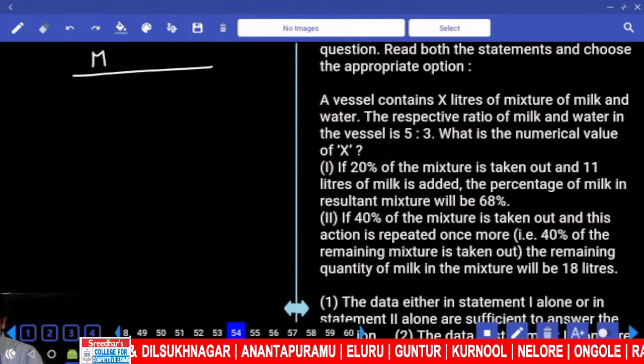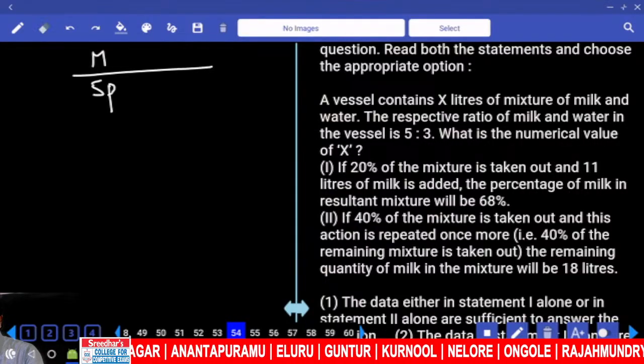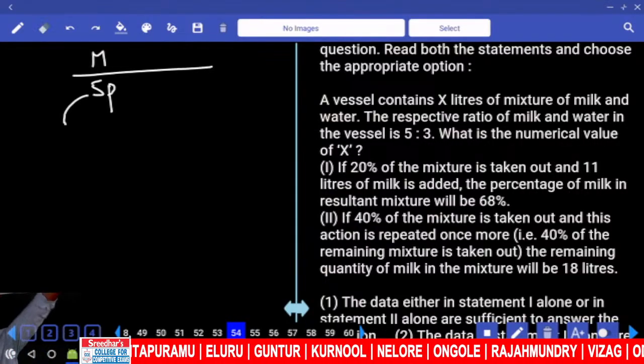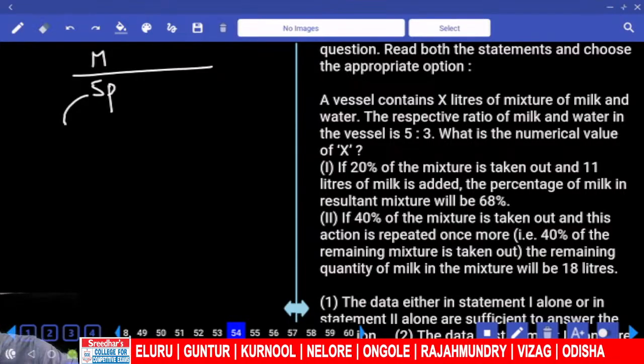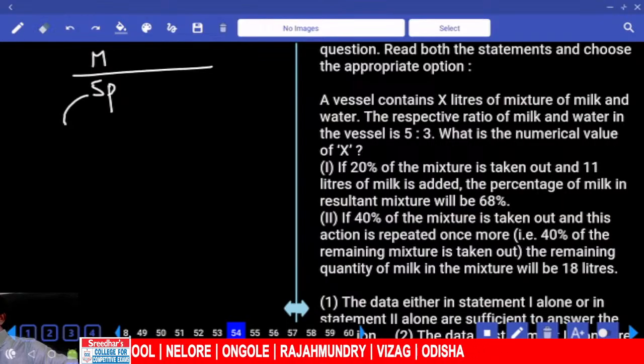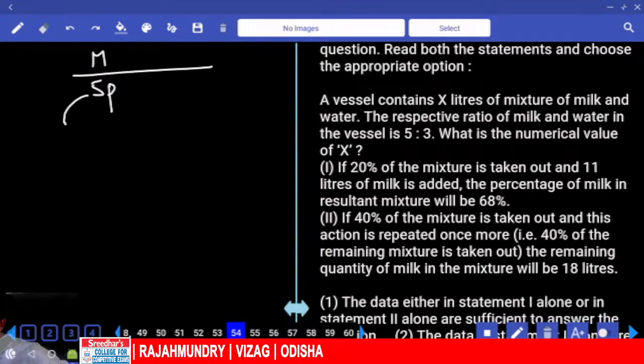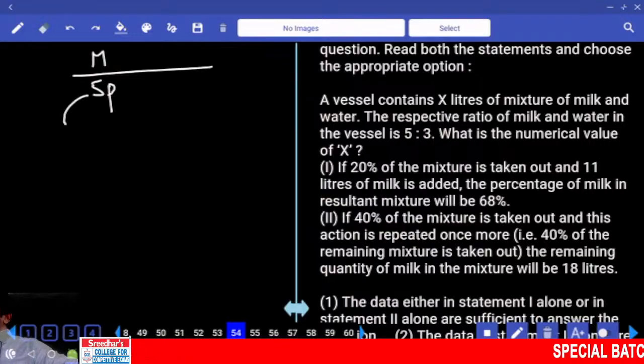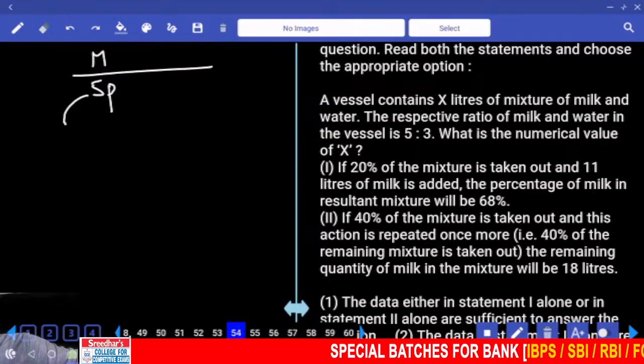Initial milk in terms of parts, 40% of the total is taken out. That means 40% of the milk is going out, and 40% of the water is going out. Both put together will be 40% of the total. Agreed or not? So every time, from the total quantity, when you are taking out 40%, we can take 40% of the milk quantity. How many times are we taking out?